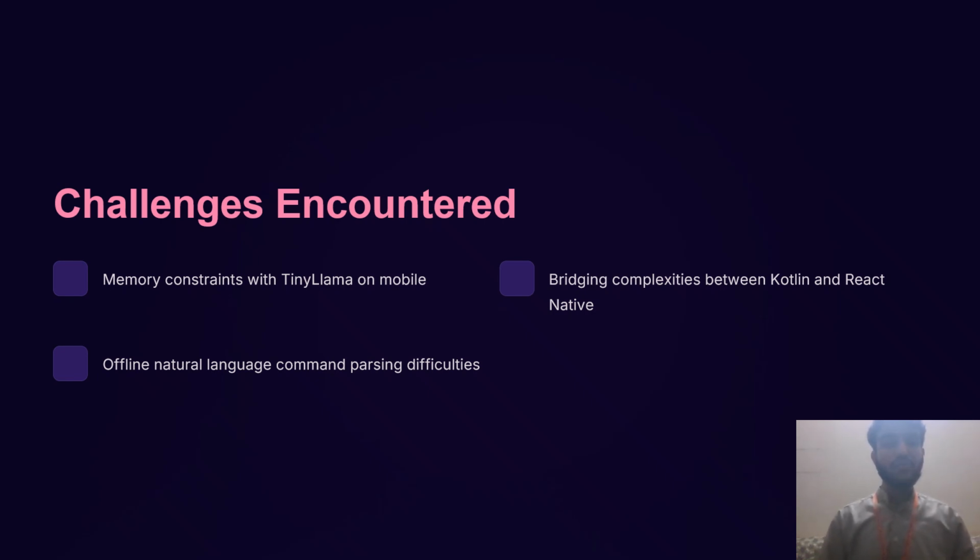We have also faced challenges in parsing the query, with offline natural language command parsing difficulties. Bridging React Native with Android's native features like alarm and app launching was also tricky, but we solved it using native modules and testing each case individually.